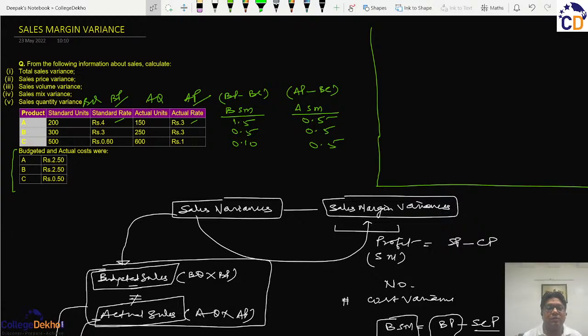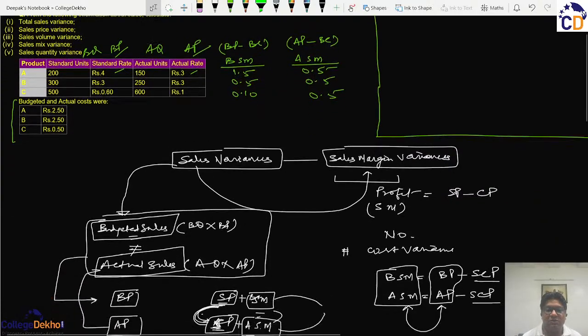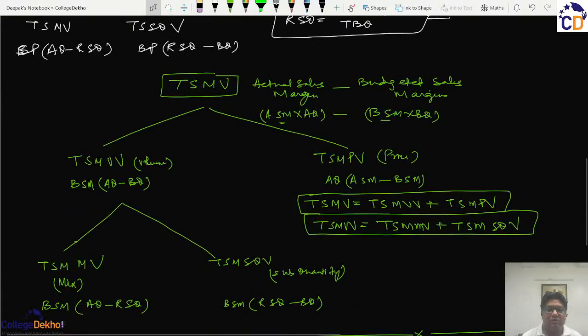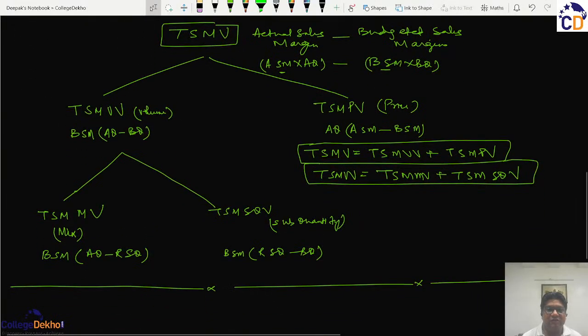before we move on, I just give you a minute to remember these formulas of sales margin, so that with the help of these I can solve the question. Just for those who have raised hand for a time, they can just see the formula so that we can move on with the question.